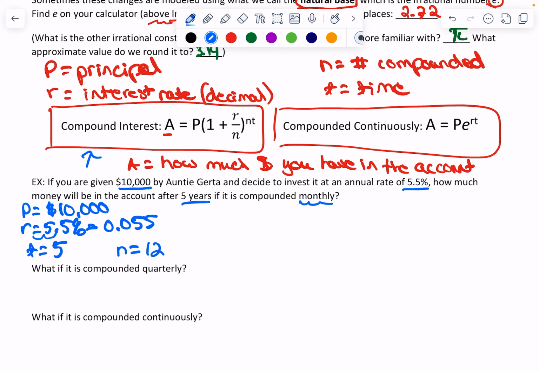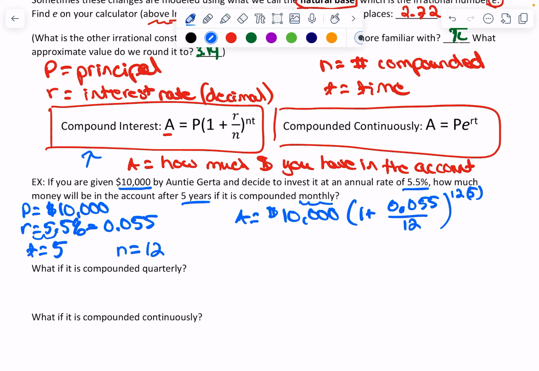So A equals $10,000 times 1 plus R over N, so 0.055 divided by N, which is 12, to the power of N times T. Our N is 12 and our T is 5 years.